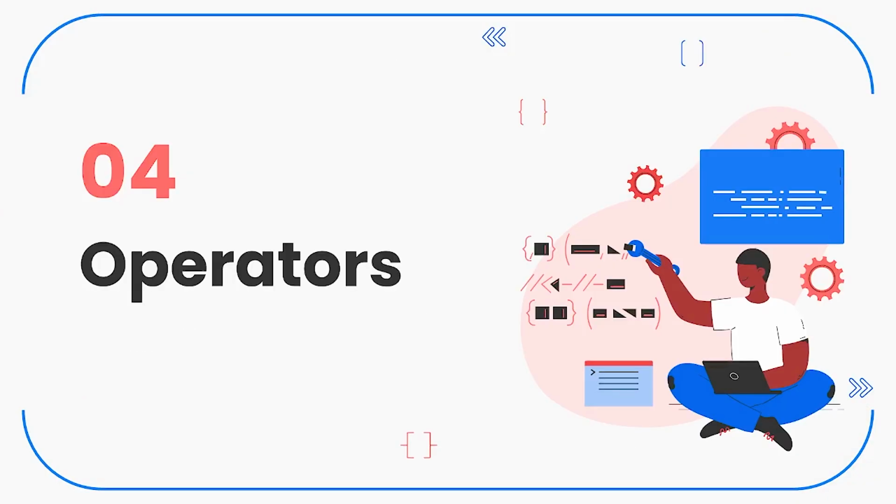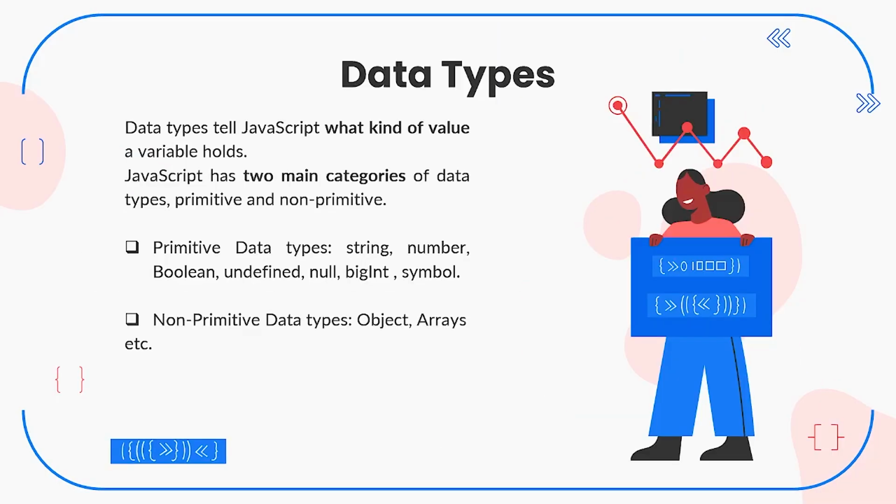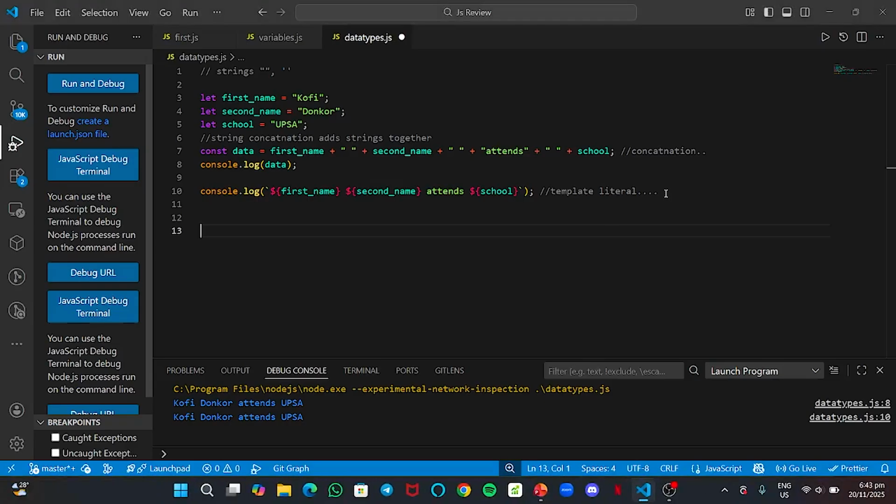So let's talk about numbers. So numbers are basically the numbers. We have the integers and then the floats. So the integer is basically a whole number. You understand? Basically a whole number, and then the float is decimal points. Anything you see as decimal is a float.